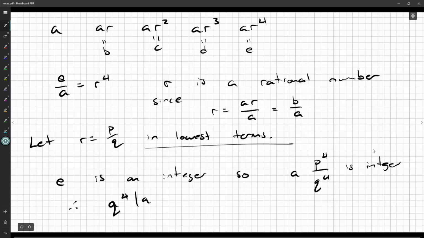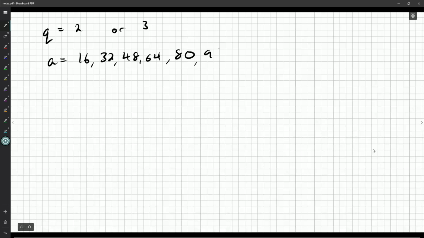So A has to be a multiple of some fourth power. Now there are not many fourth powers between 1 and 100, so q could be 2 or 3, but q can't be 4 because then 4 to the 4 is 256, and A would have to be a multiple of 256, which means A is out of range. So A could be 16 or any multiple of 16, 96 also, or it could be 81, and that's about it.